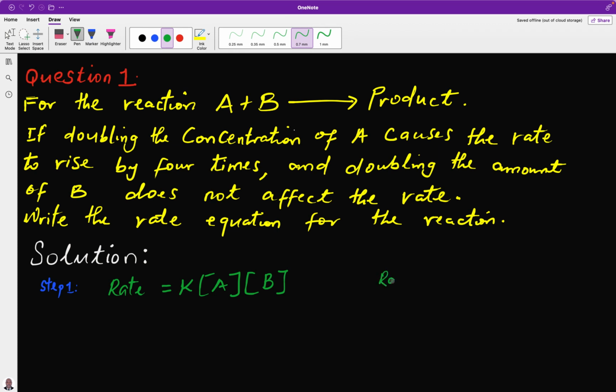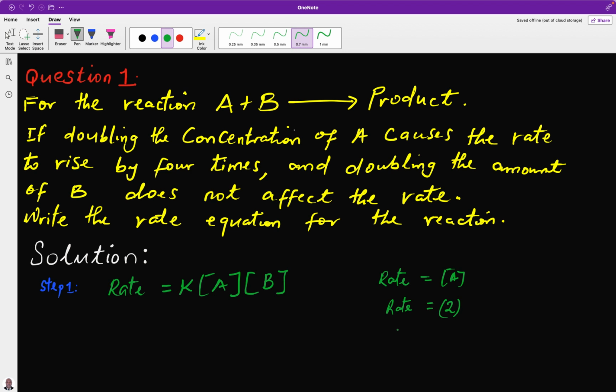This is rate, and this is concentration of A. If we double the concentration of A, let's say A is 2, it causes the rate to rise by 4 times.